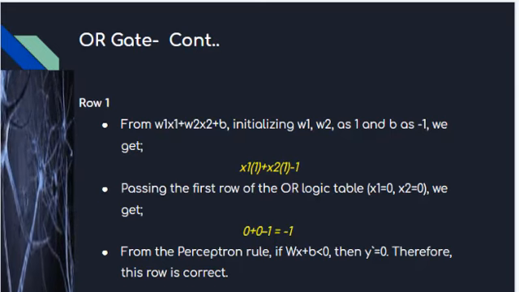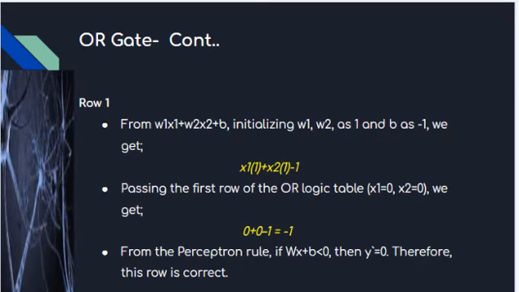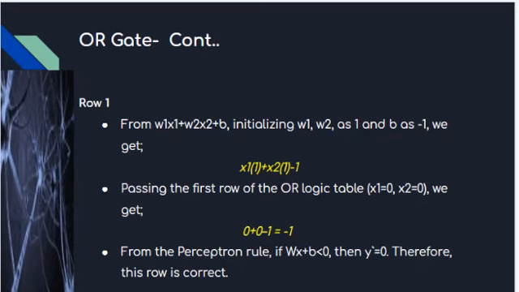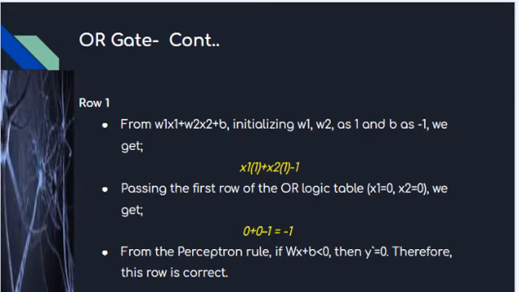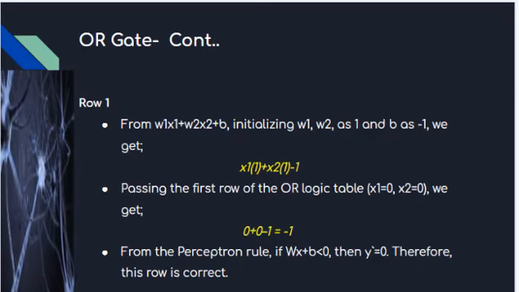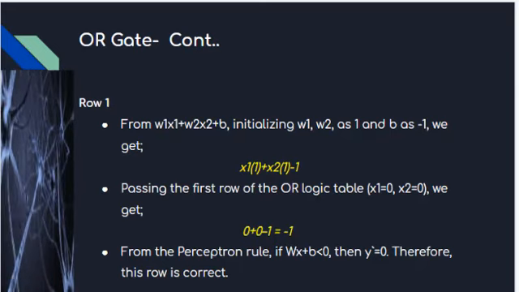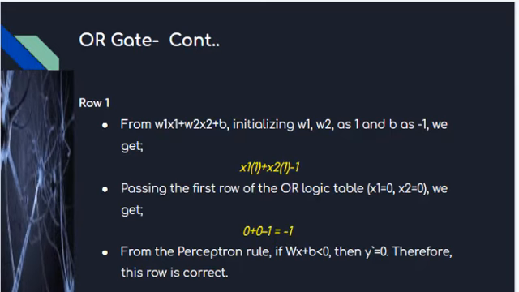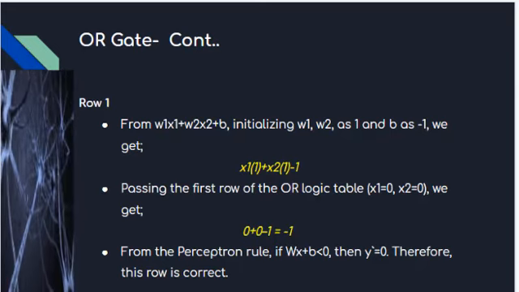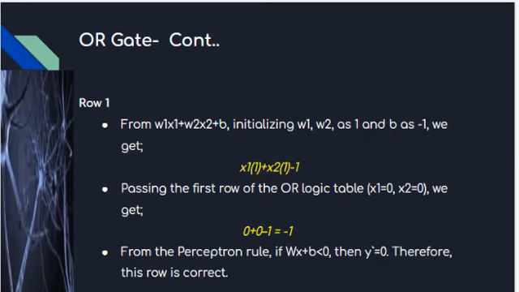Passing the first row of the OR logic table, which is x1 equal to 0, x2 equal to 0, we get 0 plus 0 minus 1 equal to minus 1. From the perceptron rule, if wx plus b is less than 0, then the prediction, that is y dash, equals 0. Therefore, this row is correct.